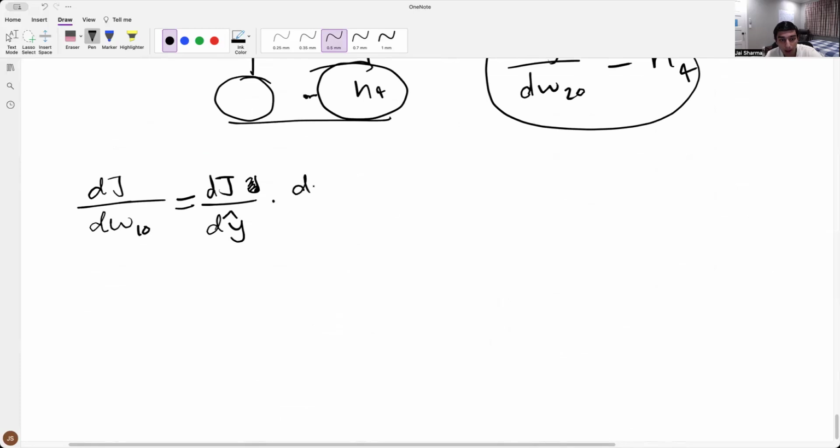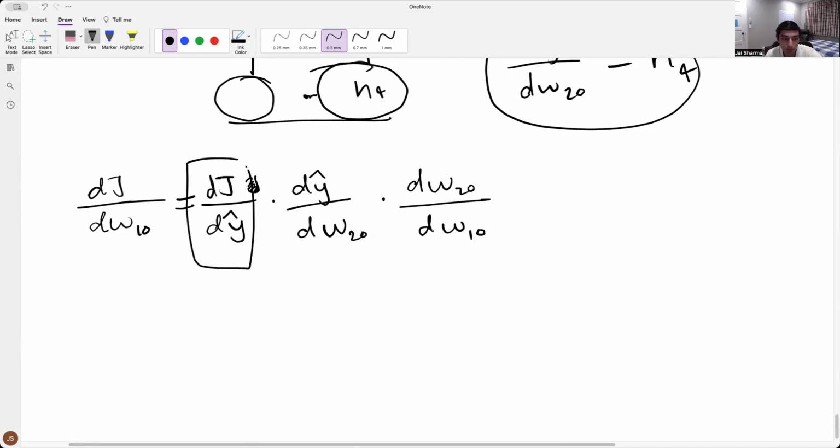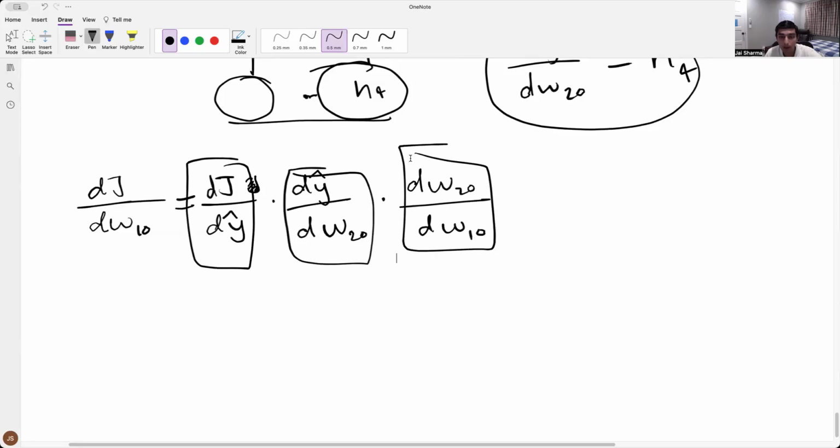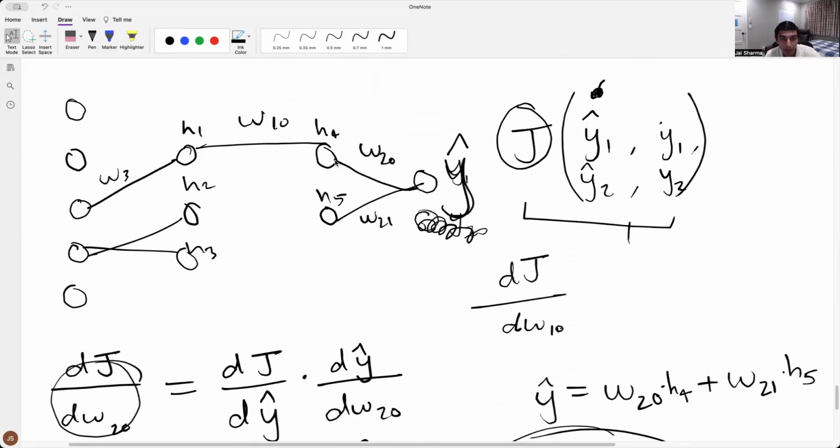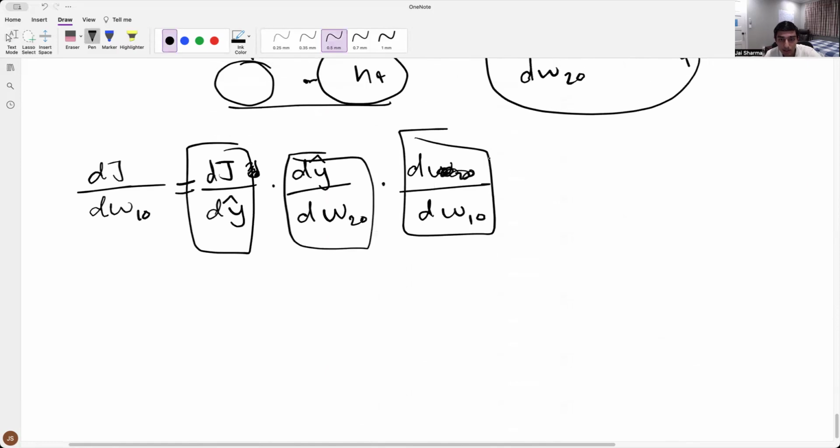In order to produce y hat, we need to know, let's say, W20, or actually not W20, this would be H4, dH4. And in order to produce H4, we need W10. So we can split this into multiple subproblems.